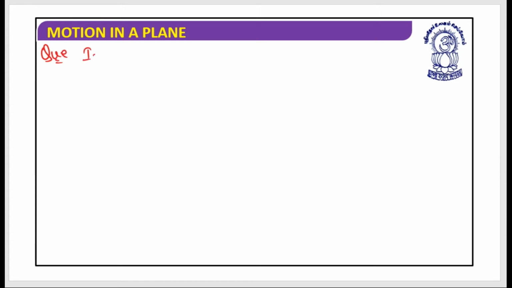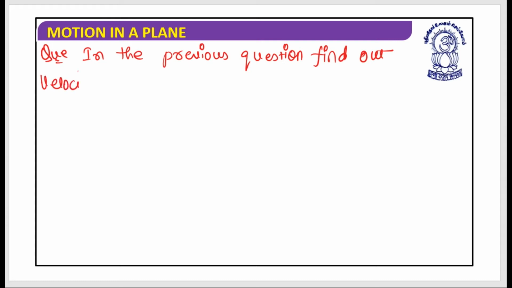In the previous question, find out the velocity of the object when it hits the tower.